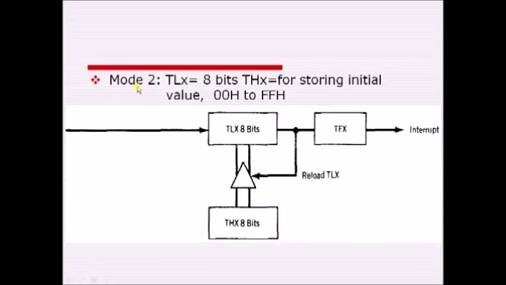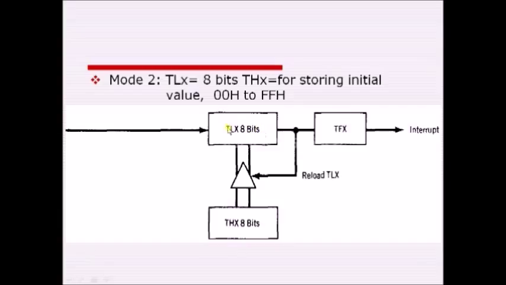We have one more mode, mode 2, called auto reload, and it is an 8-bit mode. Why? Because here we are using only the 8 bits of the TL register. We have to initialize the TL register with some value, and the TH register should be initialized with an auto reload value. Assuming that TL is started with 0, for every clock pulse that this timer register receives, it gets incremented by 1 and reaches its maximum value.